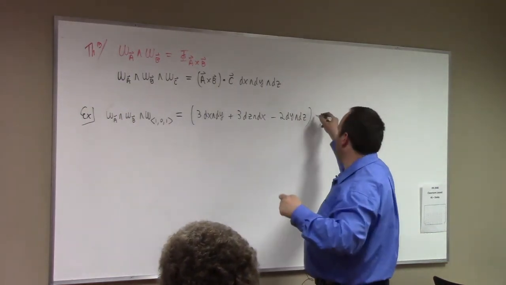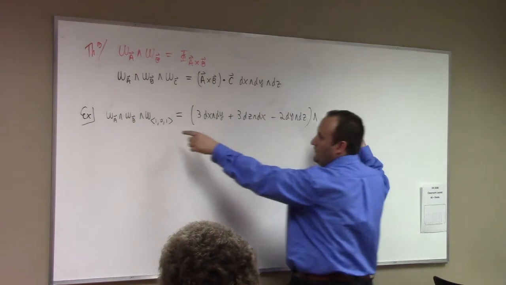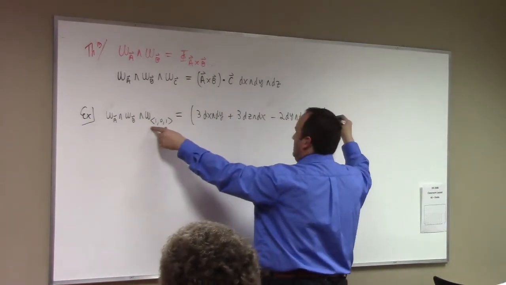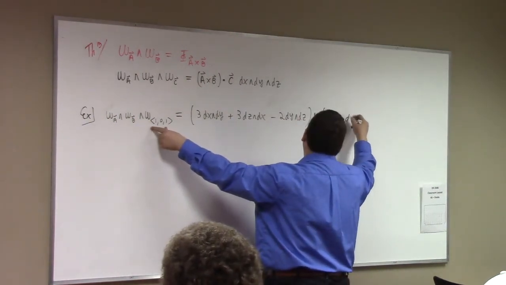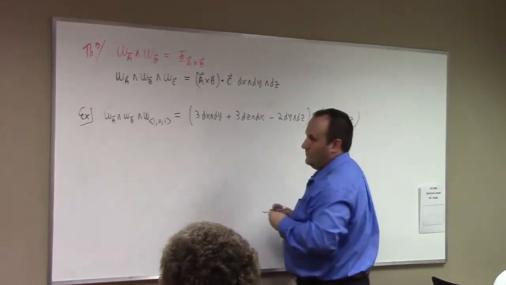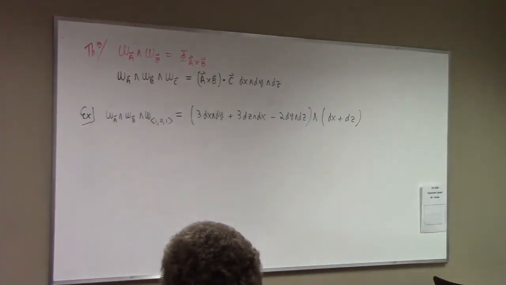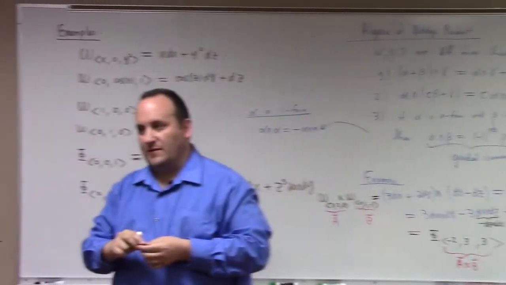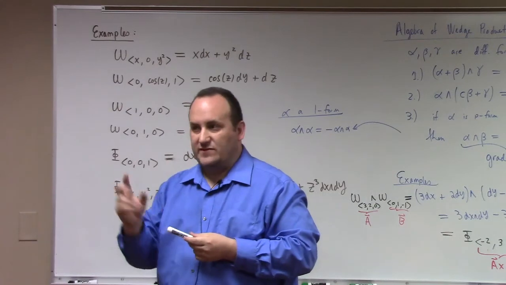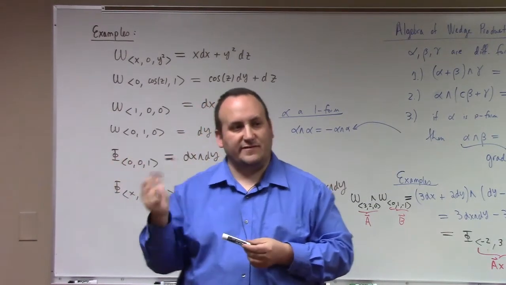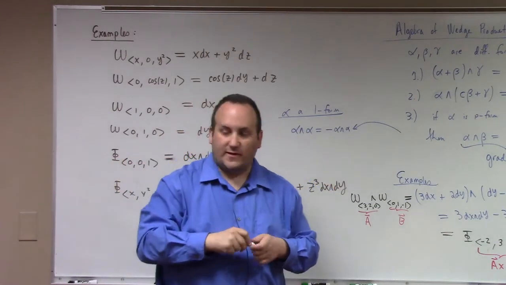I want to take the wedge product of that with the work form. What's the work form for 101? It is dx plus dz, right? So the way these differentials work is that anytime you flip their order, you get a minus, and anytime they're repeated, they wedge to 0. So if I've got 2 dx's, or 2 dy's, or 2 dz's, those products are automatically 0.